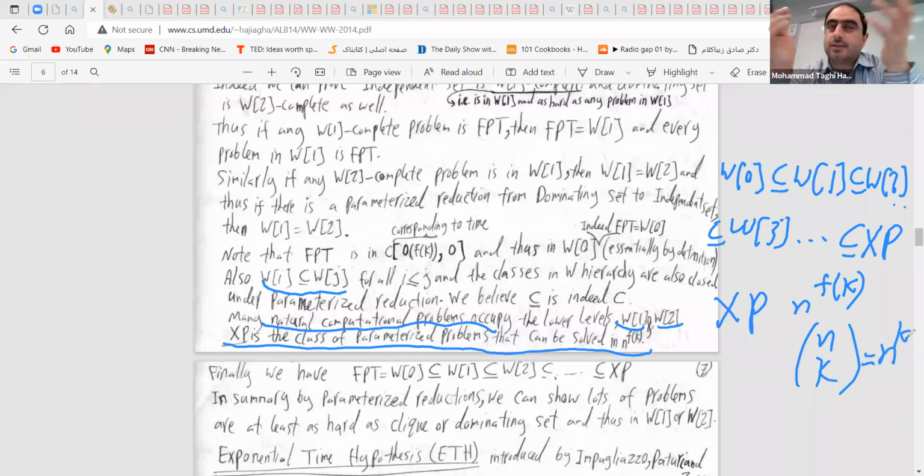So XP is generally the most trivial thing you can do for a problem. All of W0, W1, W2, W3 are subsets of XP, and these are the problems that can be solved in n to the f of k.